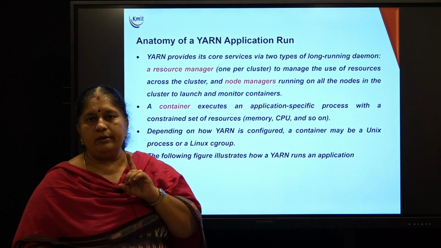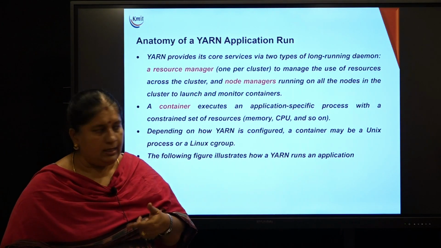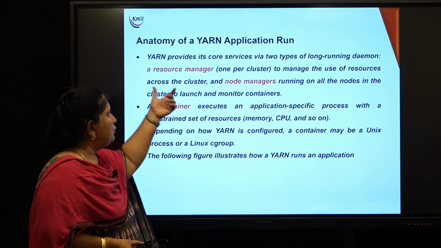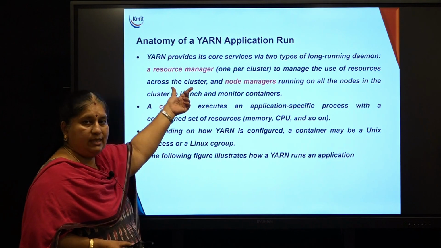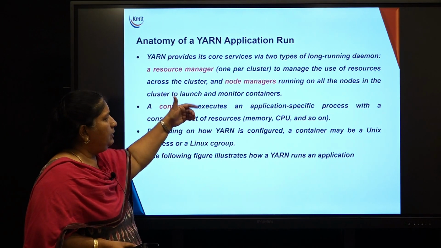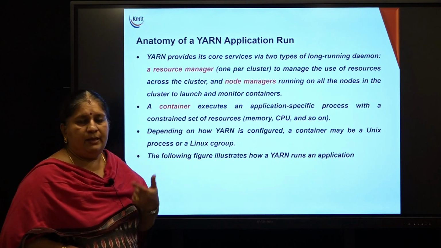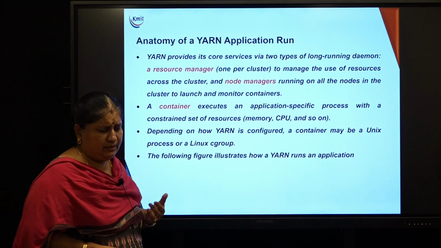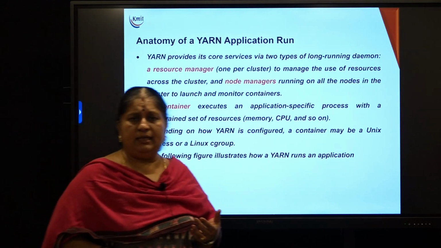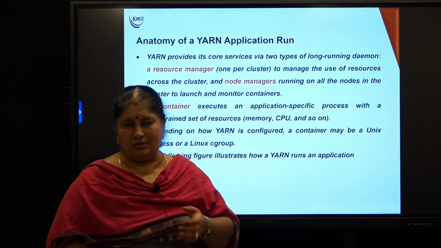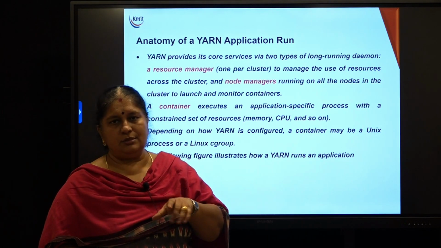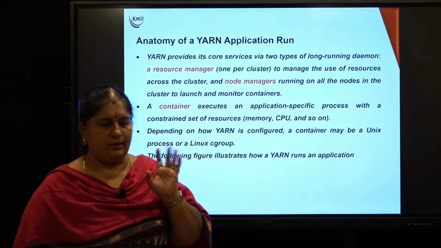There will be only one resource manager daemon per cluster, and it will manage the usage of all the resources across the cluster. And node managers will be running on each and every node in the cluster. Say for example, I have 50 nodes in my cluster, I will have 50 node managers. Similarly, for the entire cluster of 50 nodes, there will be one resource manager.